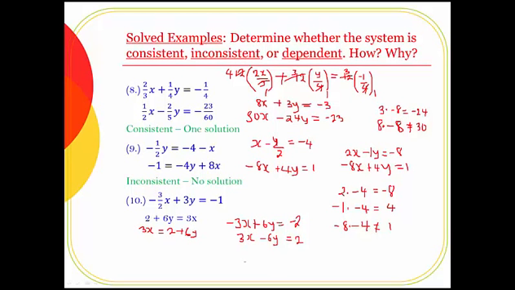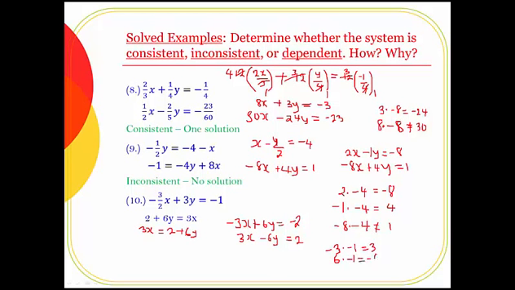Alright, let's look for relationships. What will you do to negative 3 to give you 3? You multiply by negative 1. Negative 3 times negative 1 is 3. What will you do to 6 to give you negative 6? You multiply by negative 1.